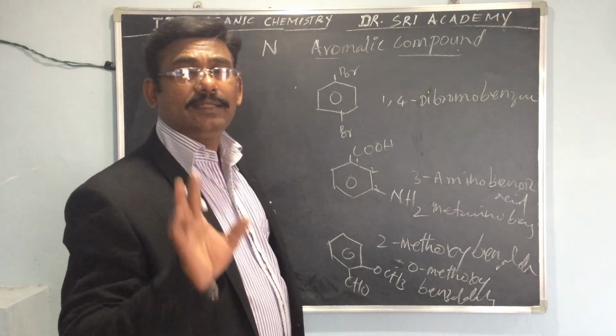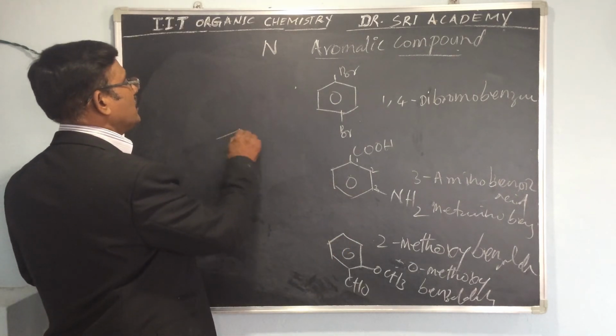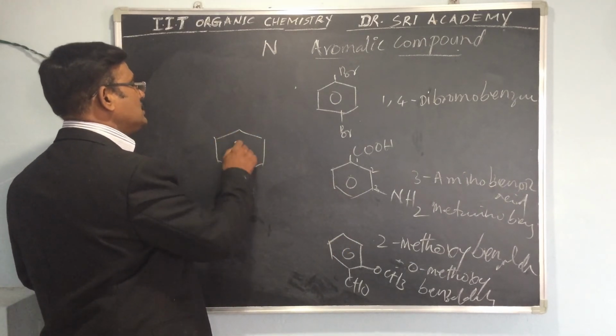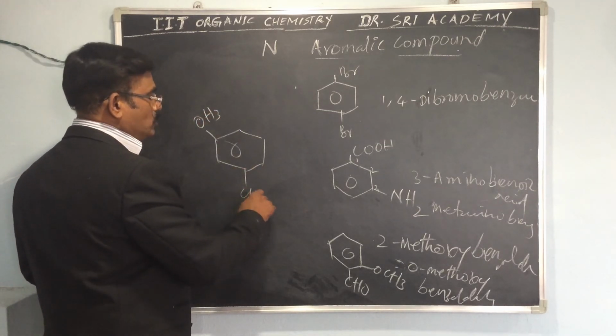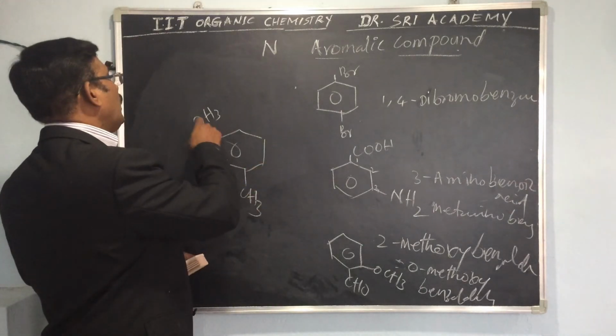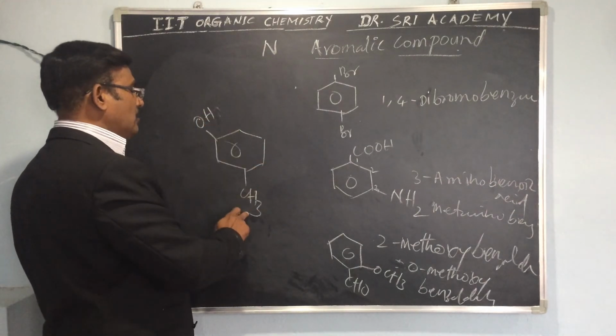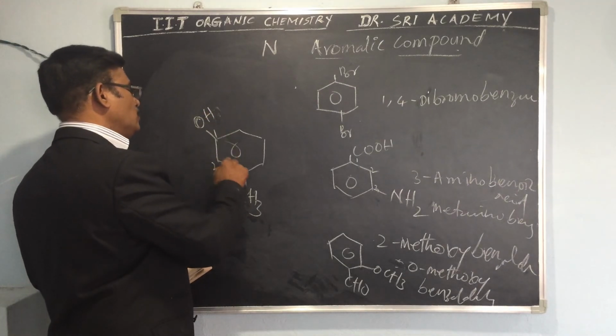Like that, the last example: if phenol contains a methyl group, how can you give this name? We know that phenol and CH3, the alkane and hydroxy, the hydroxy is the first priority: 1, 2, 3.